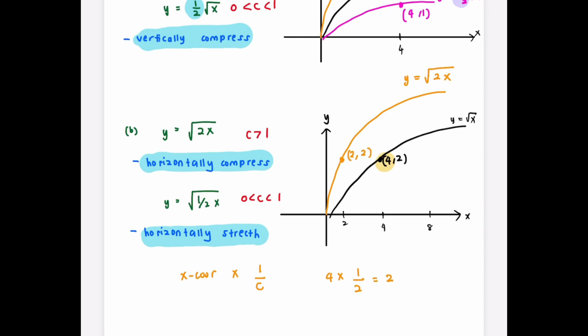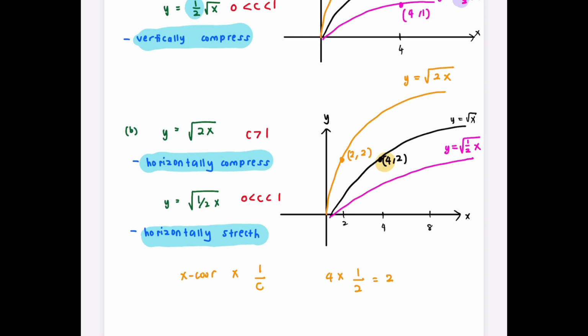Okay. For the second one, this one is horizontally stretched. So imagine that you stretch your x-axis. So where is your new graph? This one will be your new graph for horizontally stretched, with the function y equal to square root of half x. And then what happened to the point?